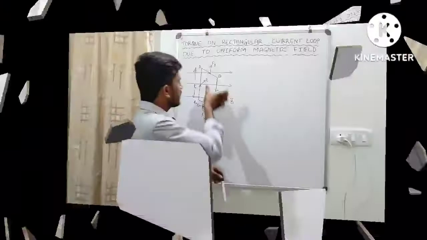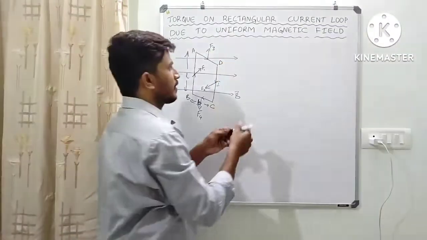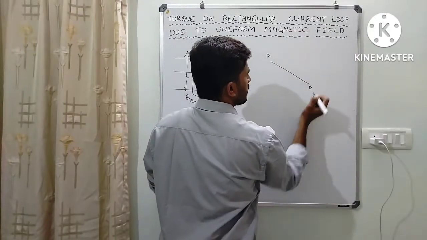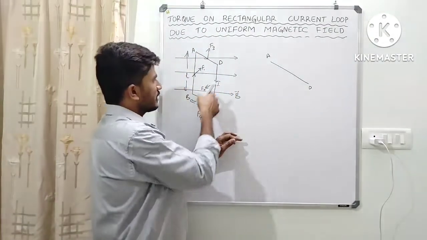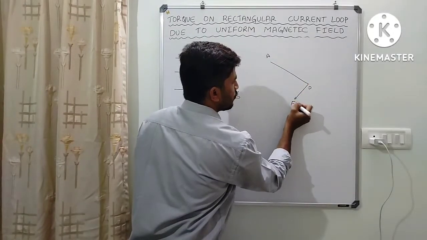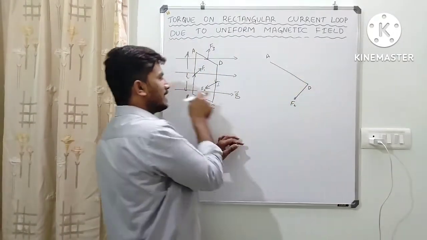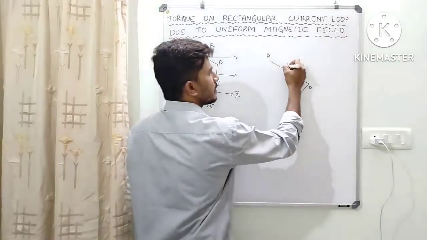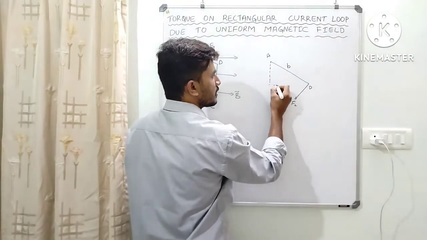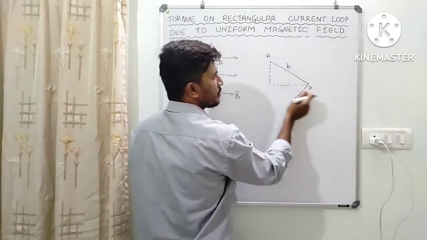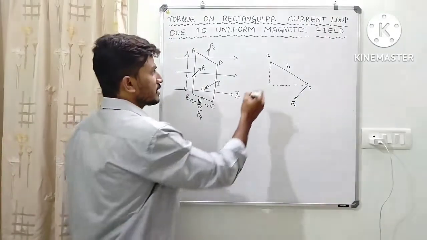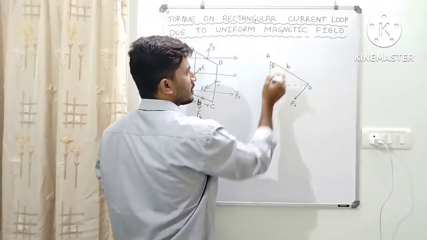If I consider a single arm AD, this is A, this is D. Let me consider a single force, that is F2. The length of this AD is nothing but the breadth b. So here, let me consider the perpendicular distance from A to D, like this. This angle, let us consider theta.